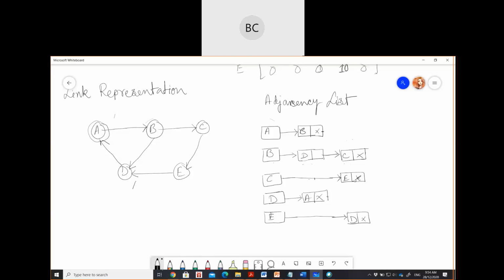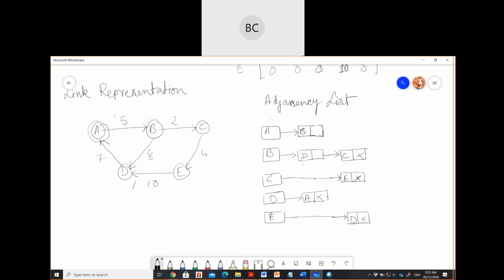So now if I write 5, 4, 7, 8, 10, you need to store additional information. What's the value for that particular edge?